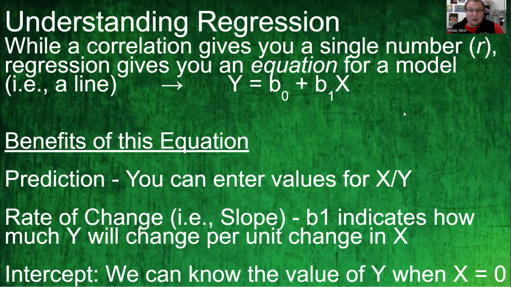Now, why do we want an equation? This seems like it's getting a little heavy, right? Well, it's really not too bad once you understand how things are working, as well as you start to see some of the benefits of having this line.